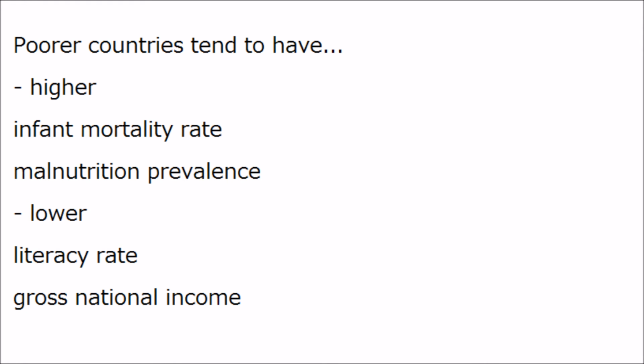Okay, as an overall conclusion, poor countries tend to have higher infant mortality rate and malnutrition prevalence, and lower literacy rate and gross national income.